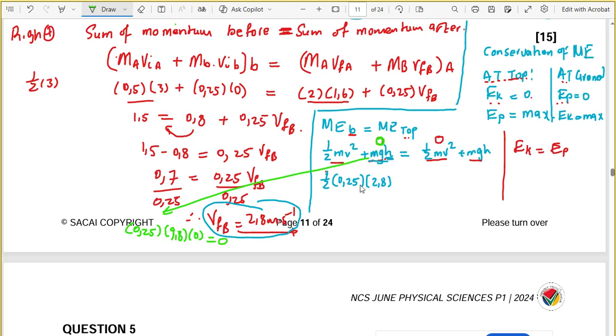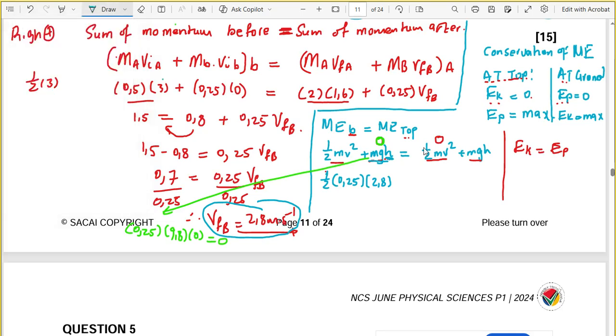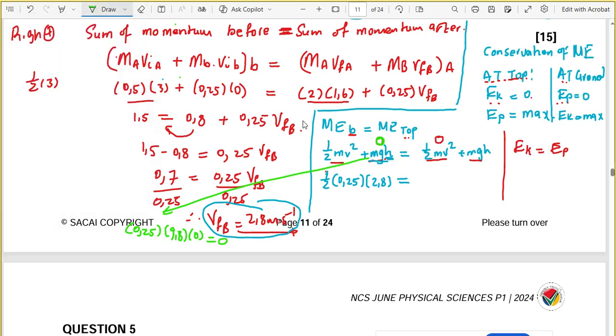Do you understand why I'm saying that at the ground, your EP is 0? Your potential energy is 0. Okay, then I'm going to equate this. In an exam, I need you to substitute everything. So this is 1 over 2, the mass of 0.25.